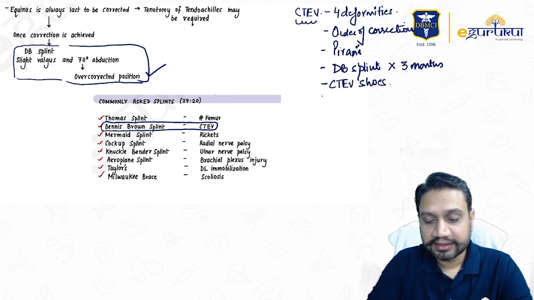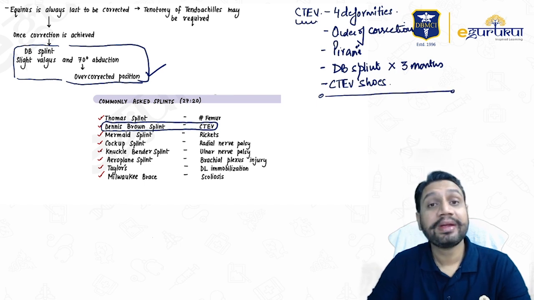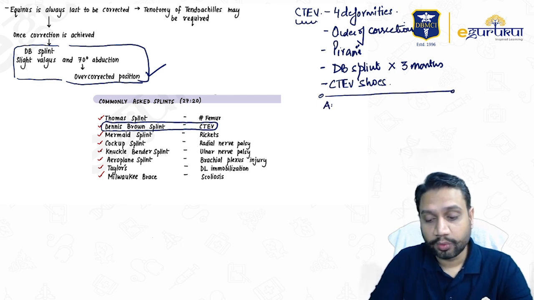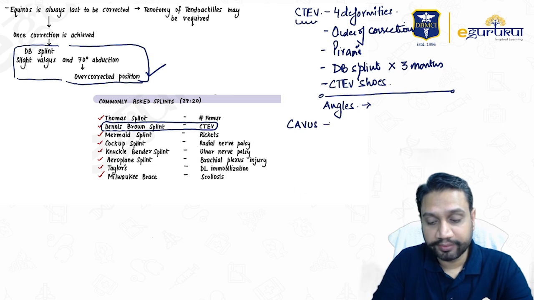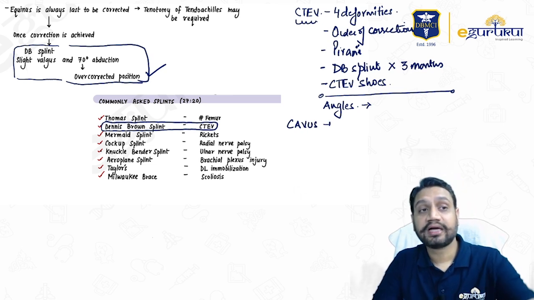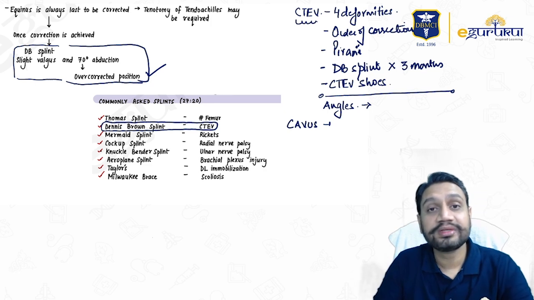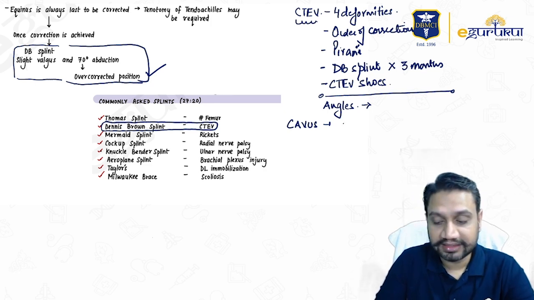Other than that, in some of the exams, you may be asked about the angles that are important for CTV. For example, for cavus, how do we measure it? Cavus is the high arched foot, so that has to be seen from the lateral side of the foot. From the lateral side, what we see is the angle between the talus and the first metatarsal.